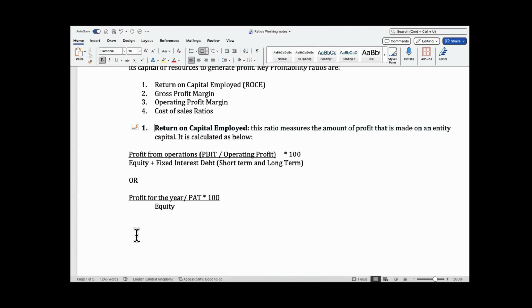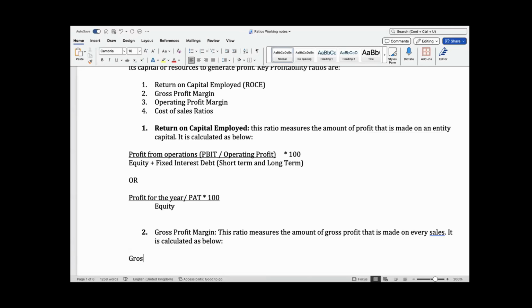Now, the second one is your gross profit margin. This one is quite straightforward. So this ratio measures the amount of gross profit that is made on every sales, and it is calculated as below.